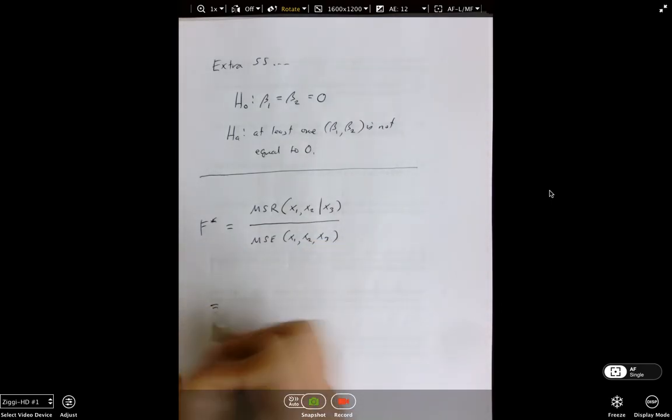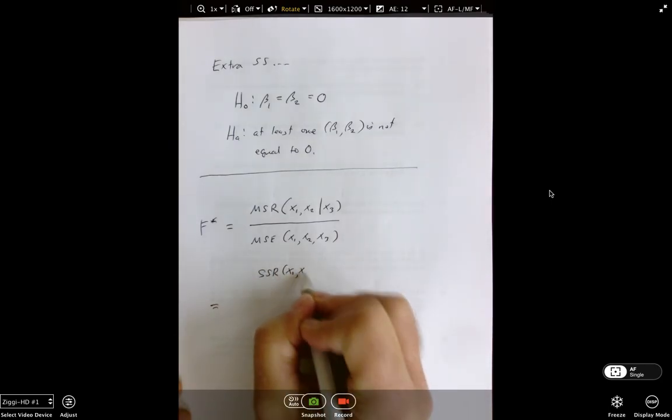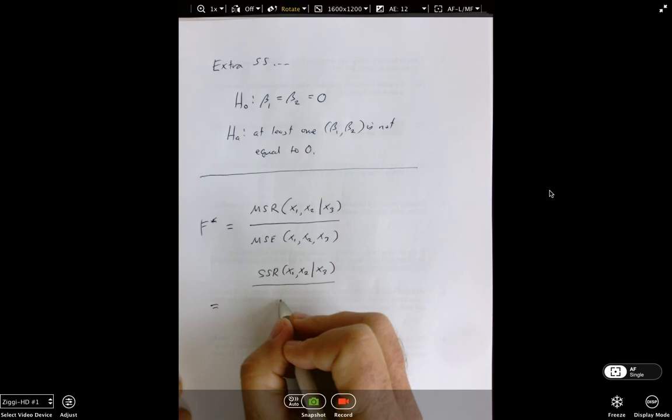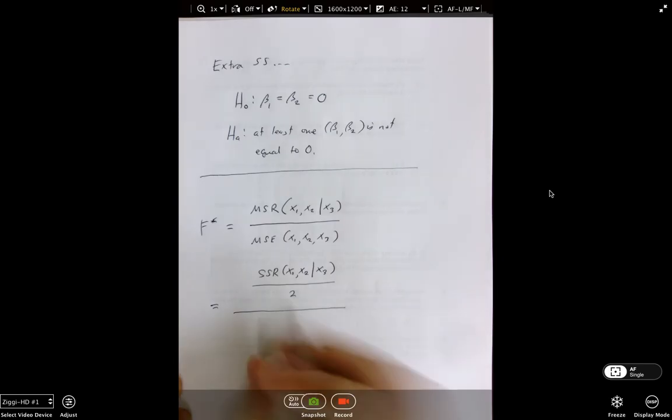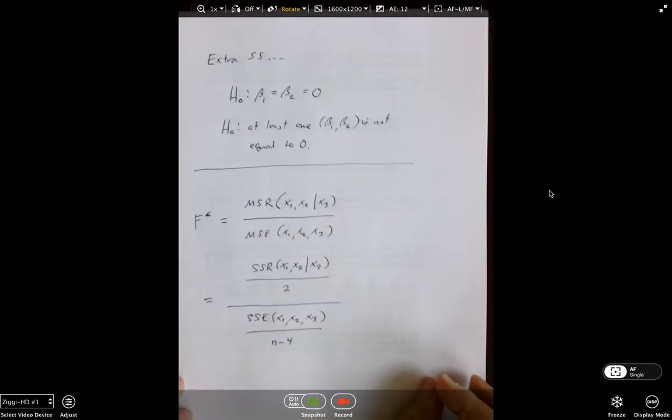This breaks down to the sum of squares regression for adding x1 and x2 to the model when x3 is already in it, divided by its degrees of freedom. We're adding two terms, so the degrees of freedom will be 2. And we want this over the error sum of squares for the full-on model, and of course the degrees of freedom is n minus 4. Right? n minus k minus 1, where k predictors is 3.